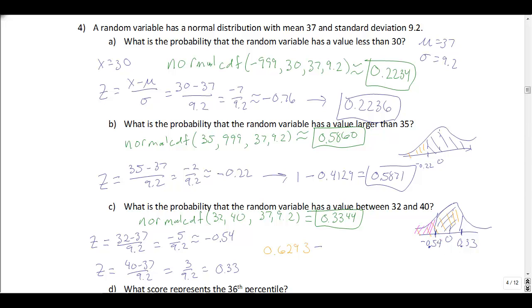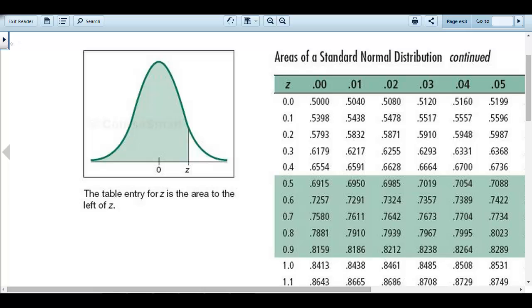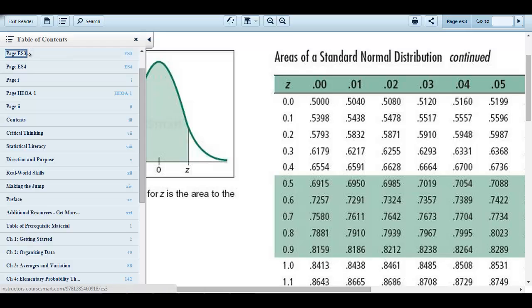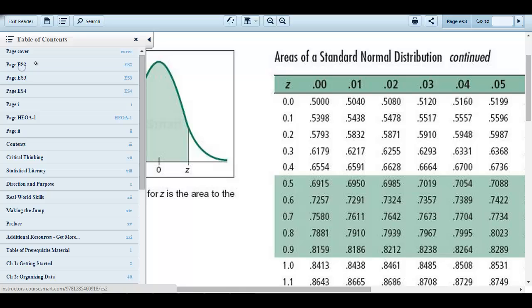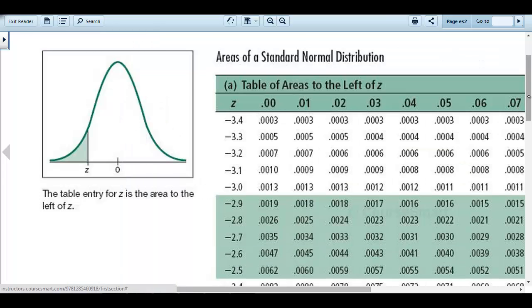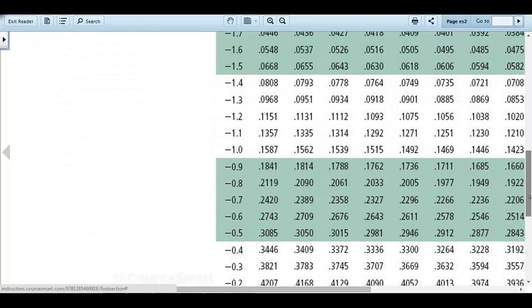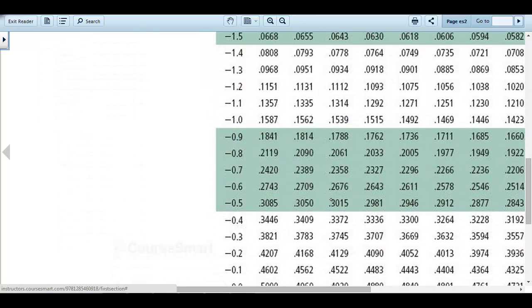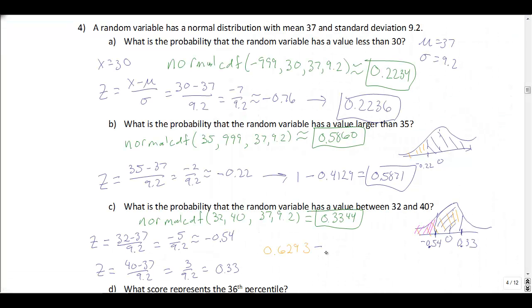So I'm looking up negative 0.54. There. Negative 0.50, negative 0.51, 52, 53, 54. So it's 0.2946. So minus 0.2946.